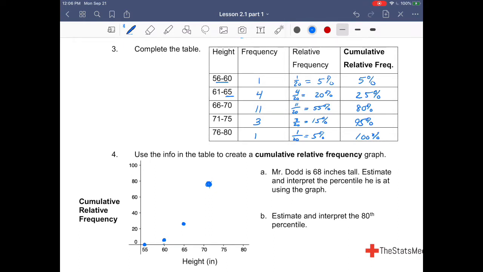Right, so we're looking at about 80%. We're talking like an XY thing. And then at 75, we've got 95%. And at 80, we've got 100%. And now what we can do is draw some little boxes.